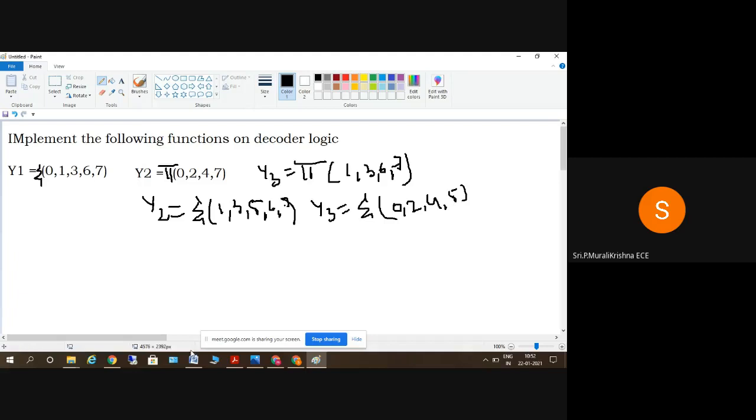Now I have to implement all these three functions on a decoder.